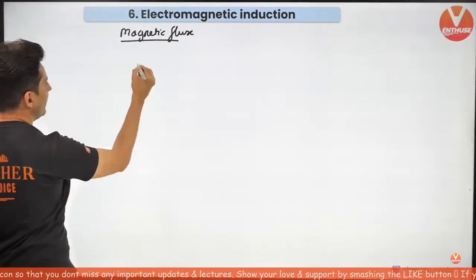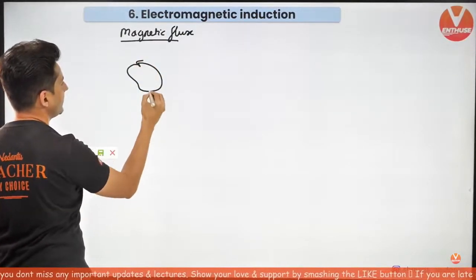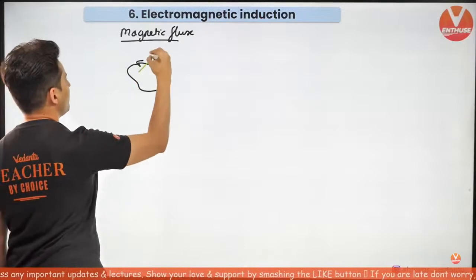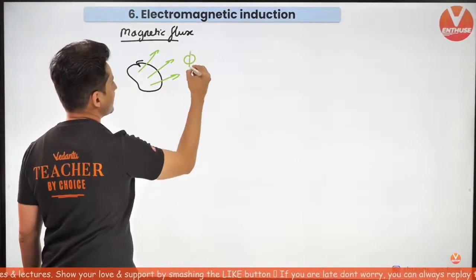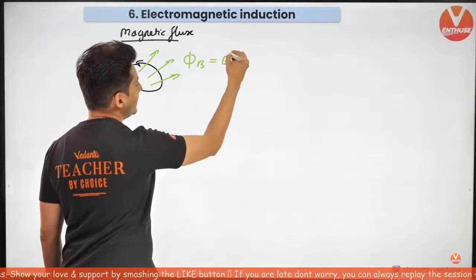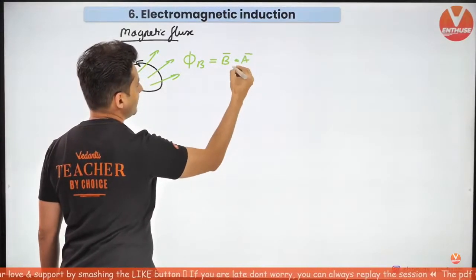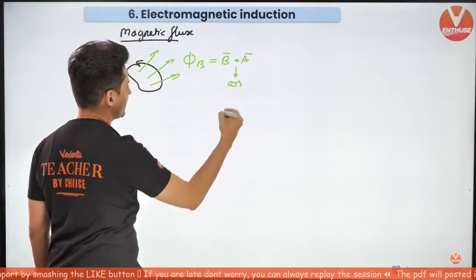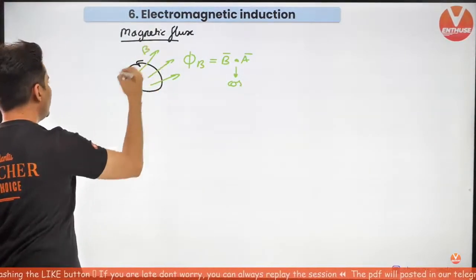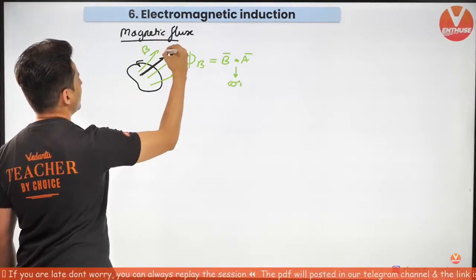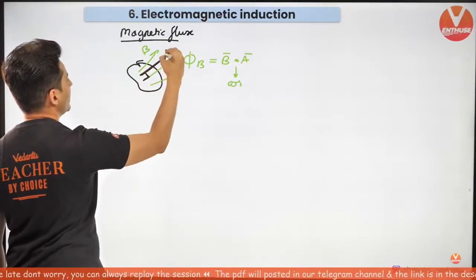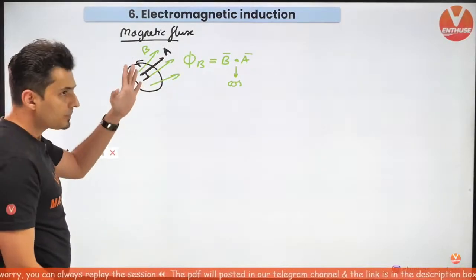If you have a coil or any area, and there are magnetic field lines passing through it, the magnetic flux phi B is given by field into area, the dot product. The dot is nothing but cos. This is the field and the area vector is always perpendicular. Remember, the area vector is always perpendicular to that coil.